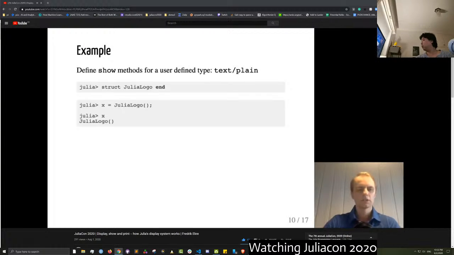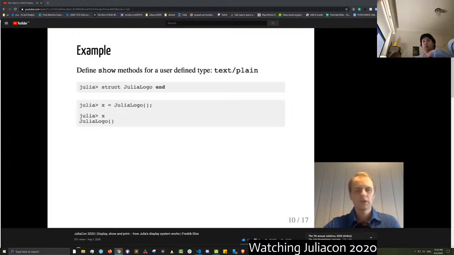And if we just create an instance of this object, we can see that we have some kind of output. So every type in Julia has a default method that will be called, and in the case of a struct, it's just the name and then all of the fields. But in this case, we don't have any fields in our struct.